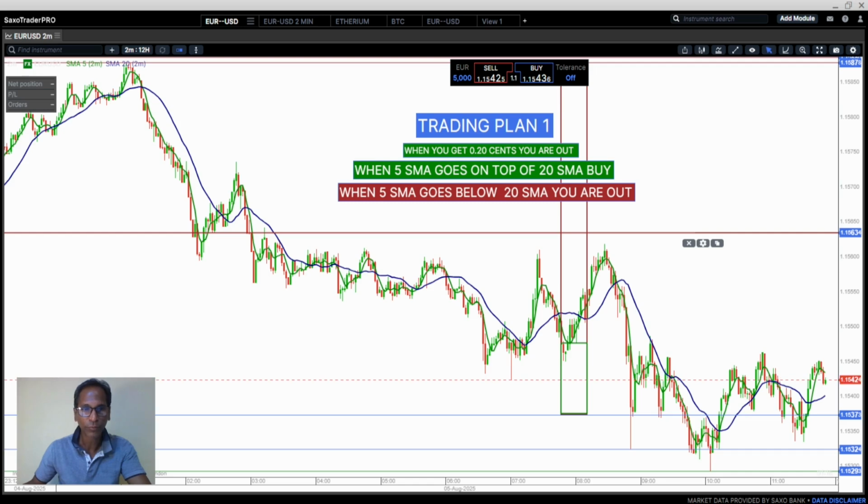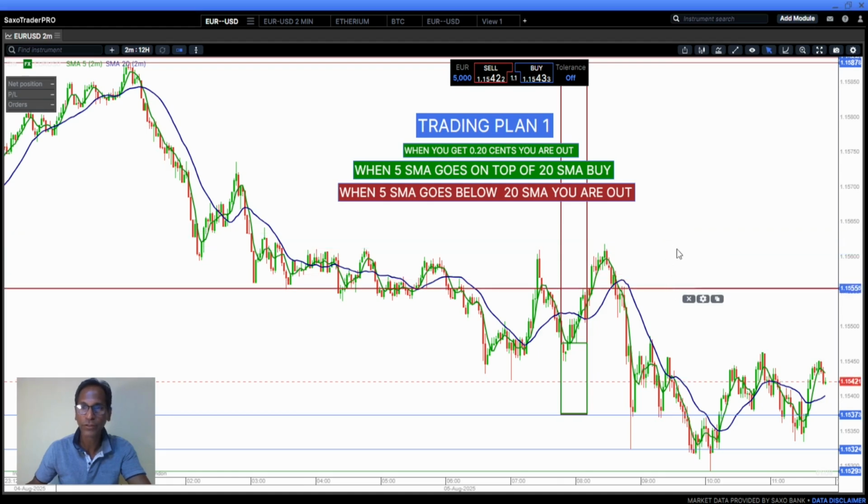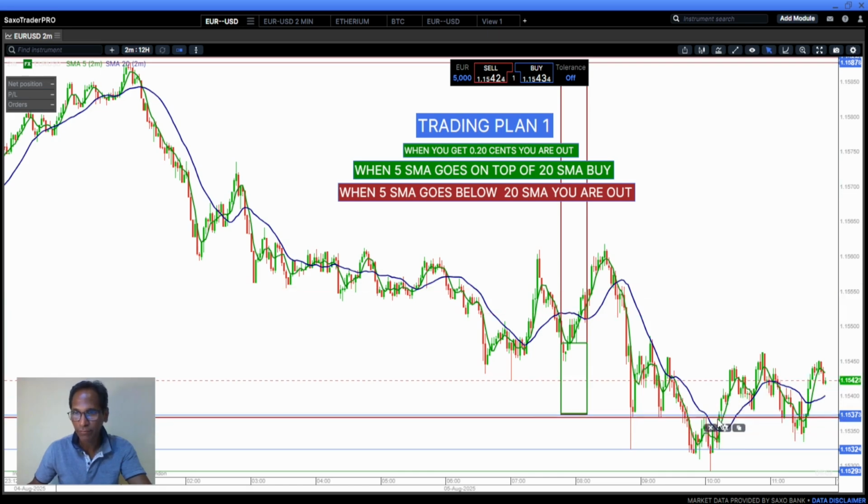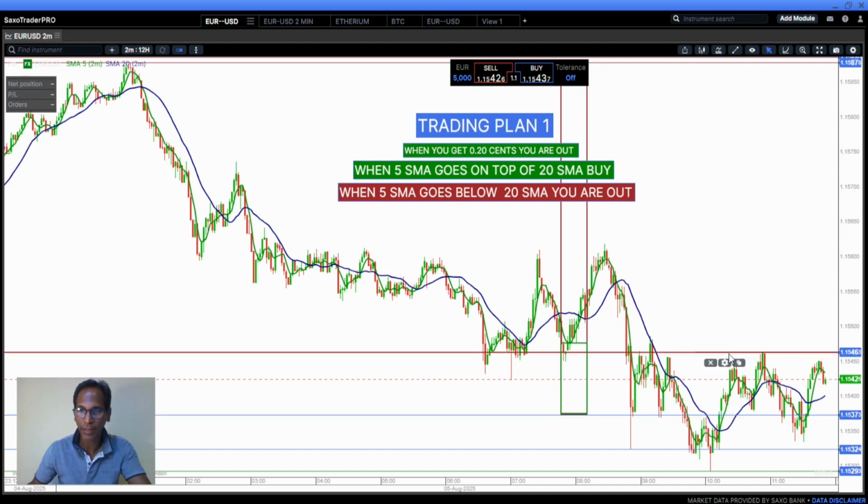If you find an opportunity, let's open the screen and see. You have a 2-minute chart of Forex, and if 5 goes below 20, you give it a sell. The same thing goes here: 5 goes above 20, you give it a buy.